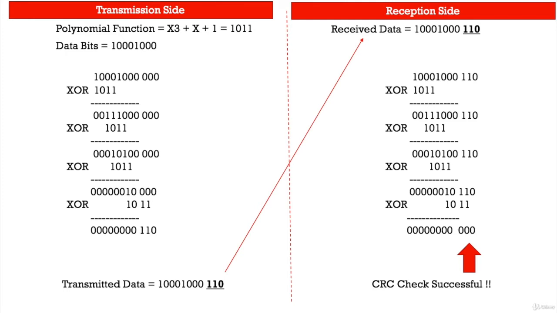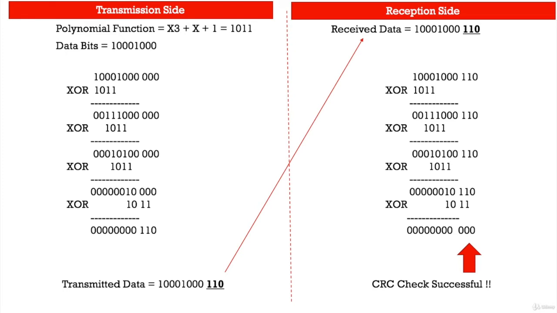Okay, so in this example, on the transmission side, the polynomial function chosen is x to the power 3 plus x plus 1, which is basically the polynomial representation of 1011.